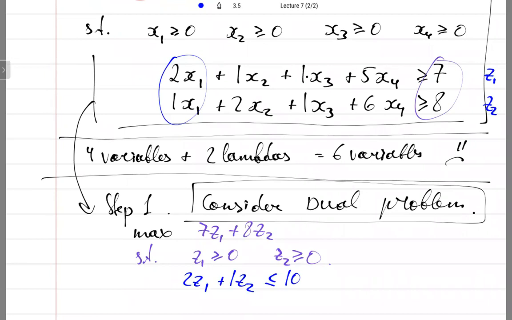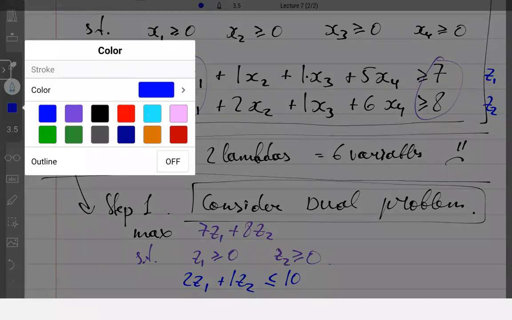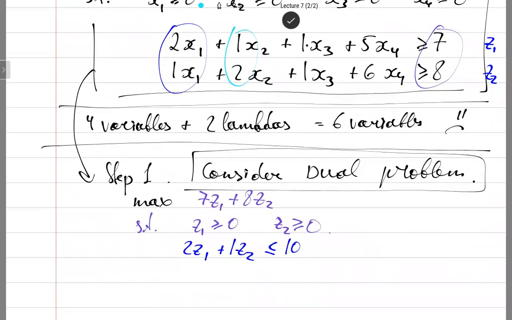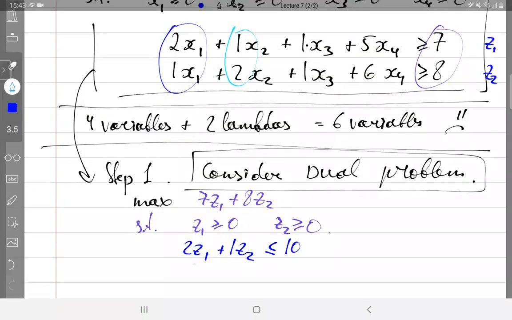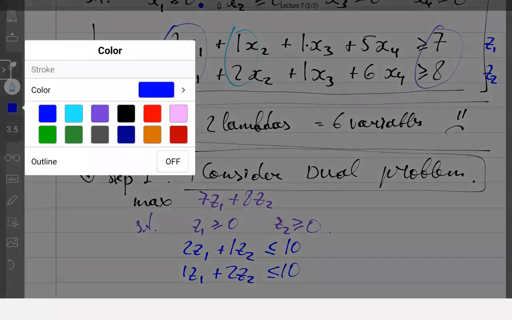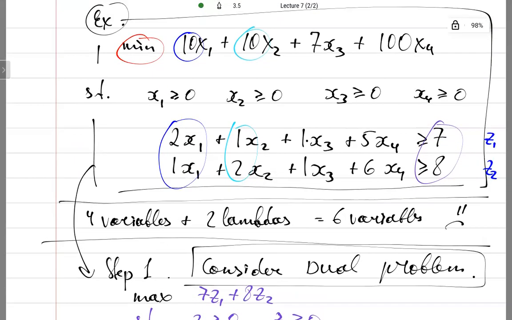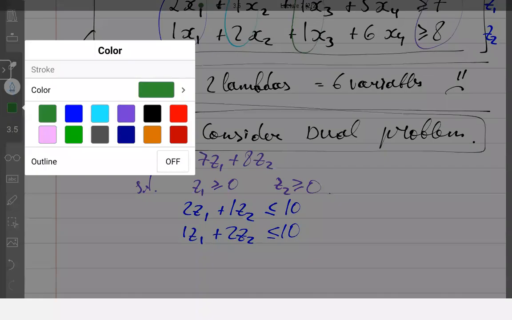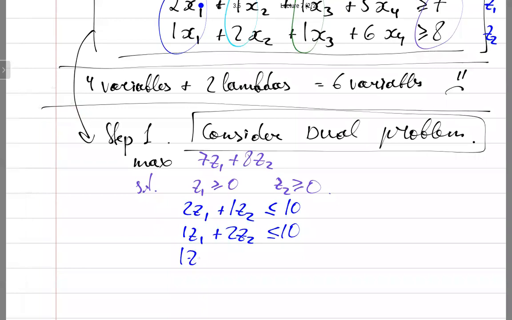So let's write the second inequality. I read the second column: 1z1 plus 2z2 is less than 10. Now I read the third column: 1z1 plus 1z2 is less than 7.